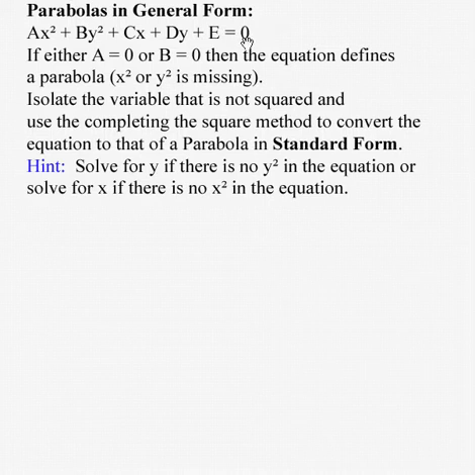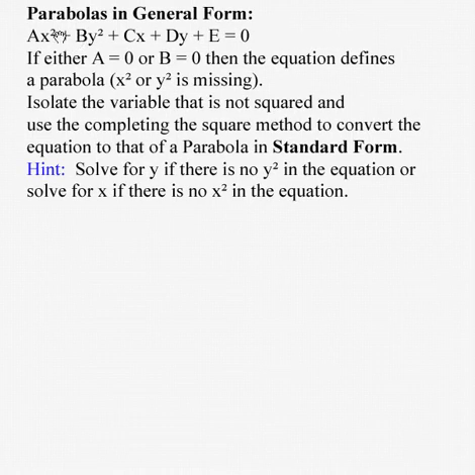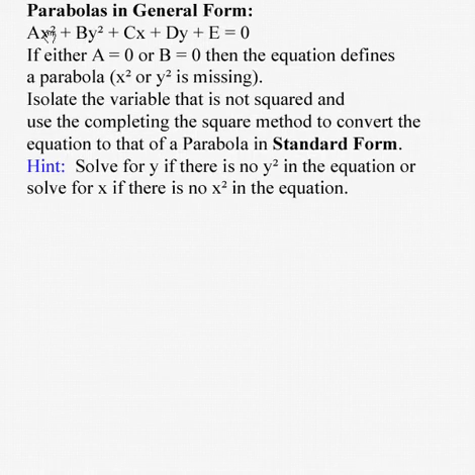Well, we've said in a previous lesson that for a circle, a and b would be the same number, same sign. For a parabola, either a is 0 or b is 0. Translation: either x squared is missing or y squared is missing. If you have both x squared and y squared, you don't have a parabola. If you have one or the other, you do have a parabola.